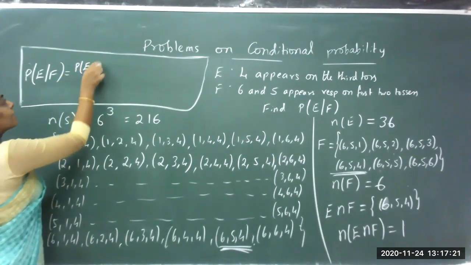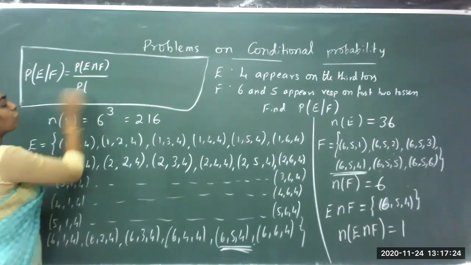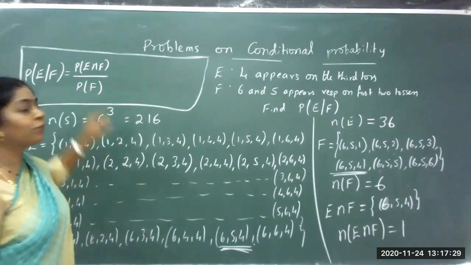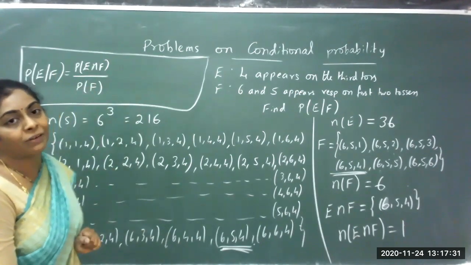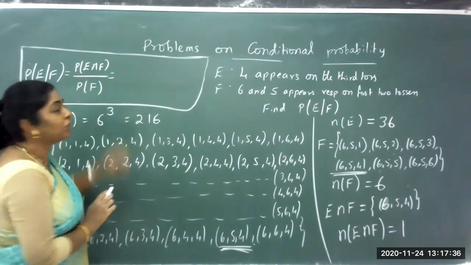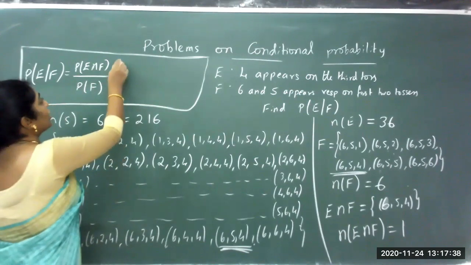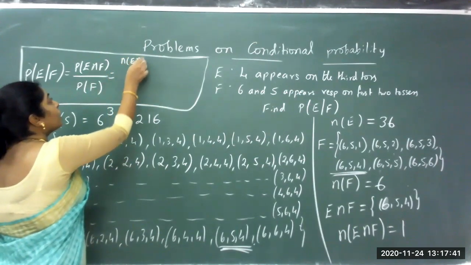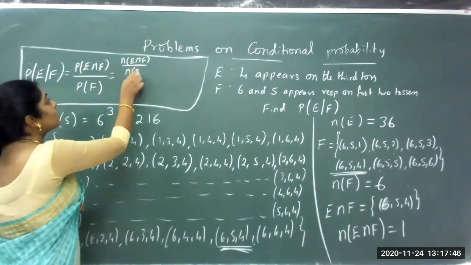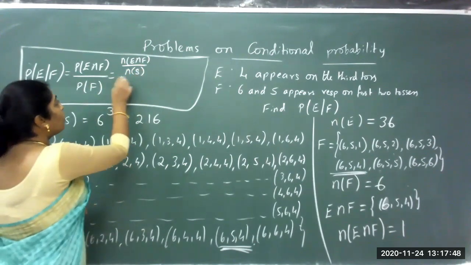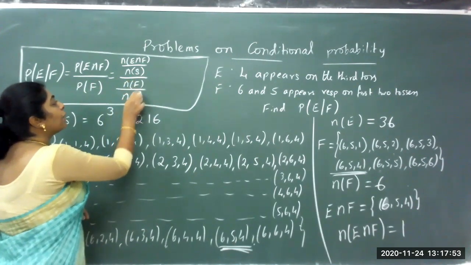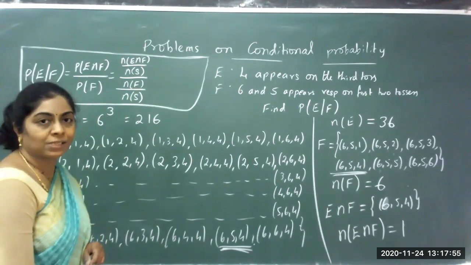Probability of E intersection F divided by probability of F. The probability of E intersection F is the number of elements in E intersection F divided by the number of elements in the sample space, divided by the number of elements in F divided by the number of elements in the sample space. That is number of favorable outcomes divided by total number of outcomes.